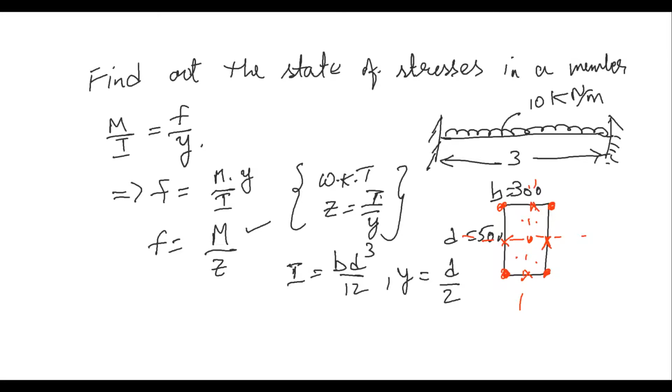So here you can calculate the M value. For a fixed beam, it is W L square by 24 at the center, and at the end it is W L square by 12. Okay, so W L square by 24, and you can find out how much it is.